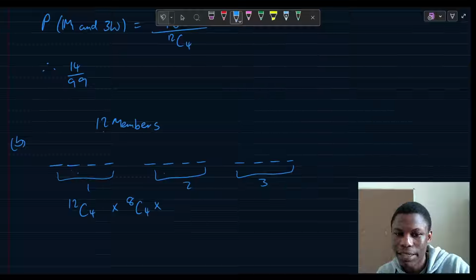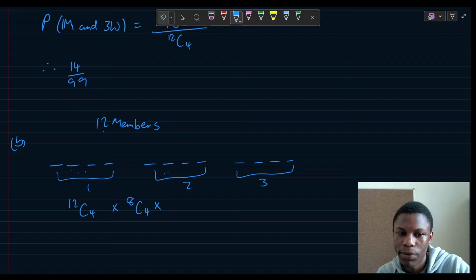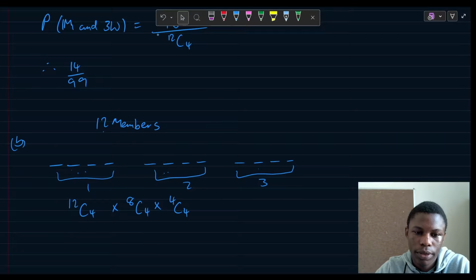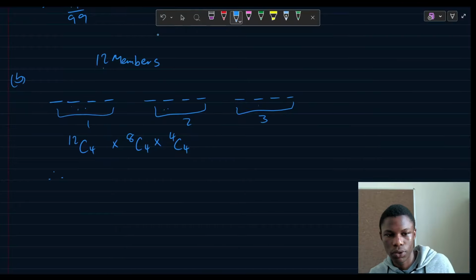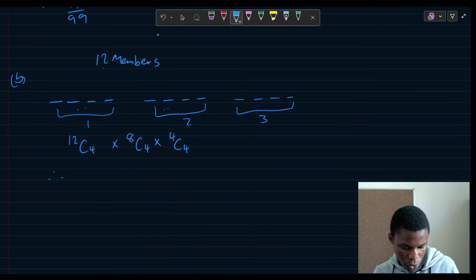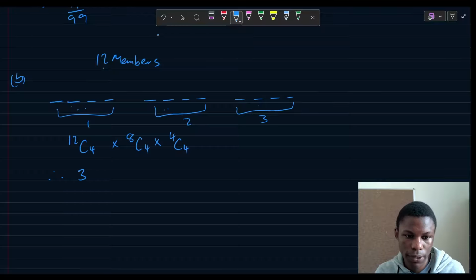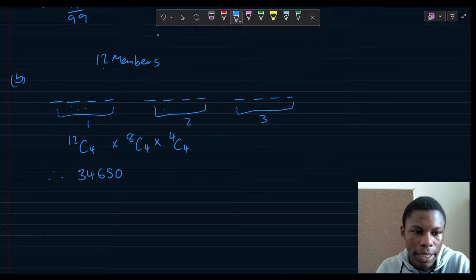Once I've selected team 2, only 4 people remain and they all have to go into team 3. So 4 choose 4. And so this all simplifies down to 12 choose 4 times 8 choose 4 times 4 choose 4, 34,650.